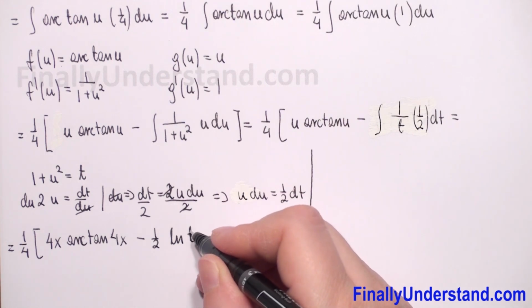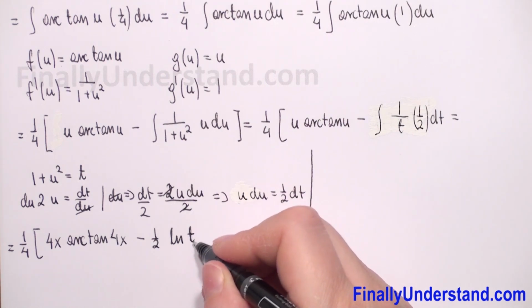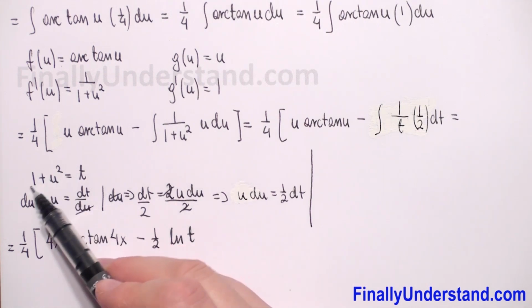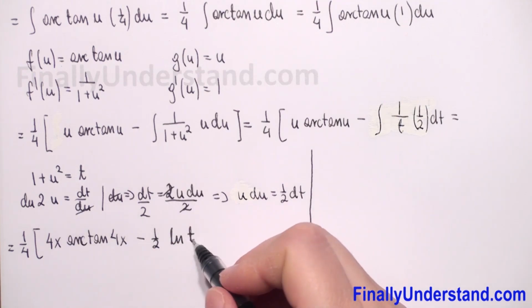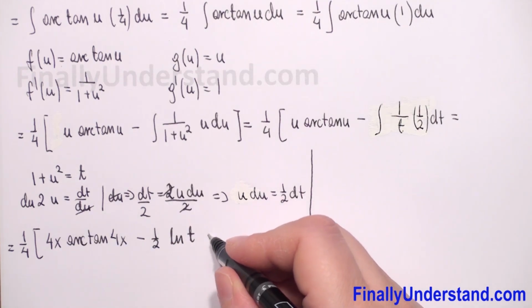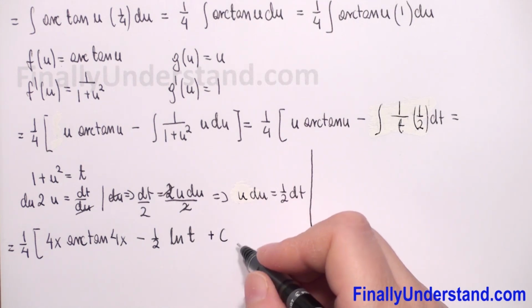We don't have to put absolute value bars because t is equal to 1 plus u squared, which is always a positive number, so we have natural logarithm of t plus a constant, of course.